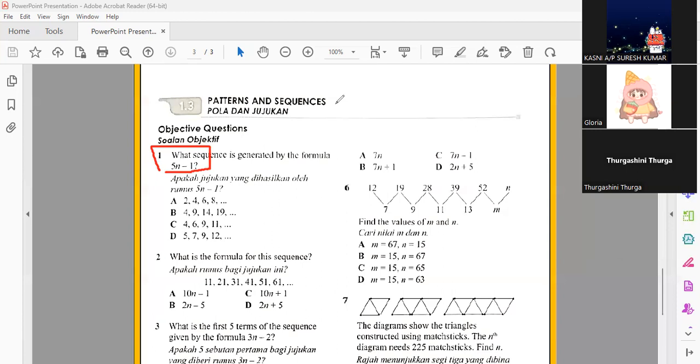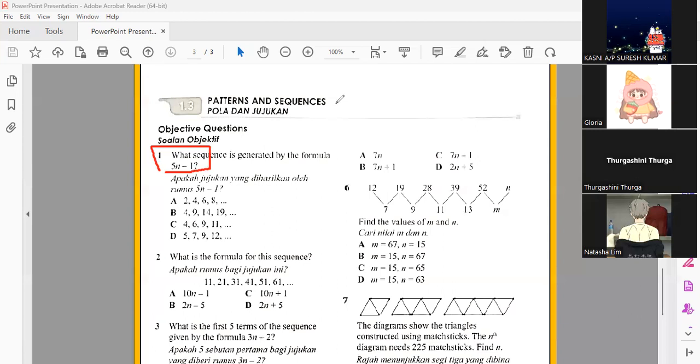Do it again one more time. 4 times 5, it's 20. 20 minus 1, it's 19. So girls, you have got to learn to create this. It's like a little table, a little jadwal like that. You create this.